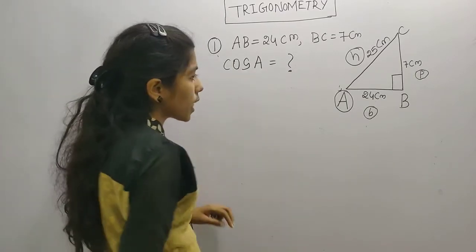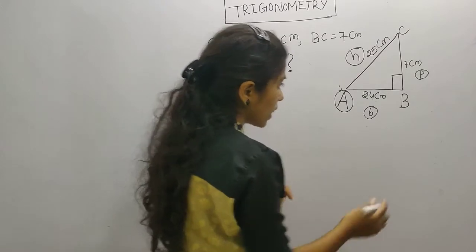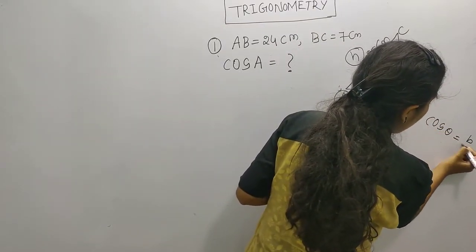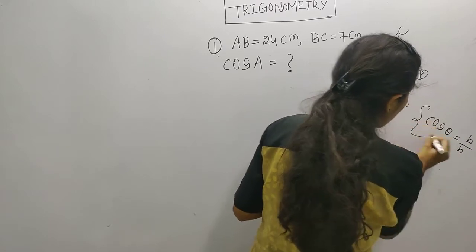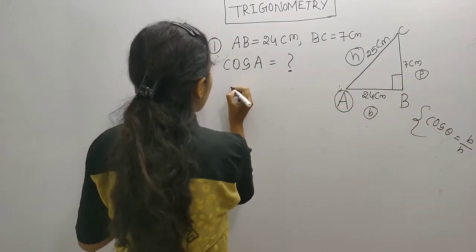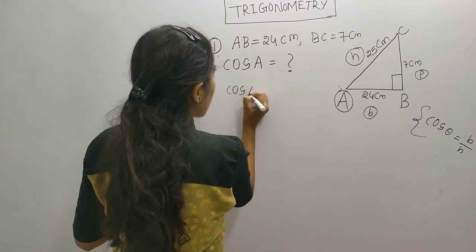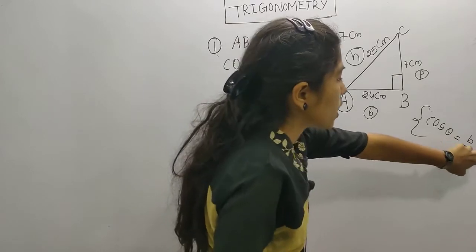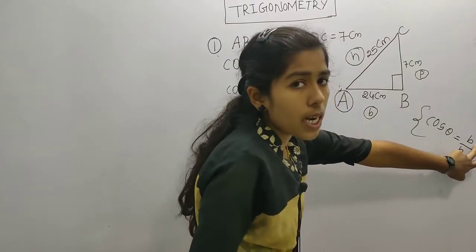So what is the cos A formula? Right side, cos theta equals B by H. We already know that formula. Okay. Now cos A equals, here in the cos side, first what is there? Base.